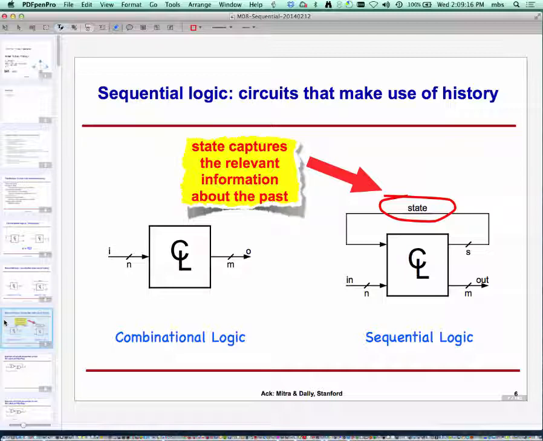So state is relevant information about history. At all times you are computing, and as you get fresh input, not only are you modifying the output, but you are also updating the state.